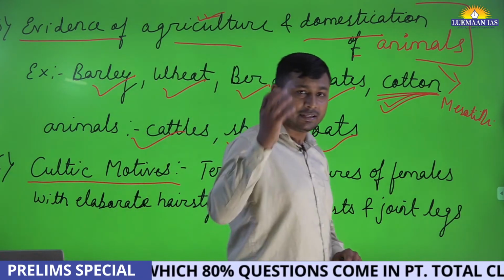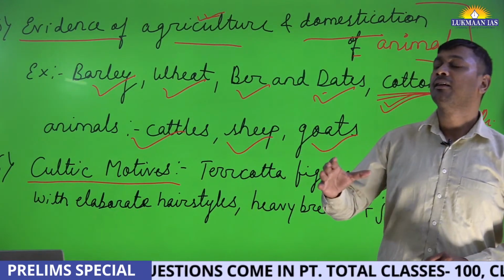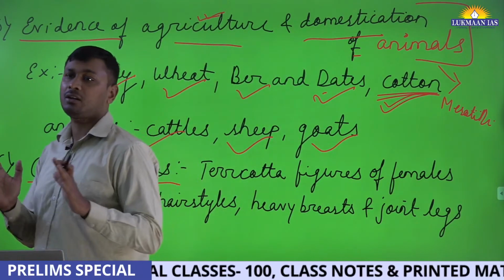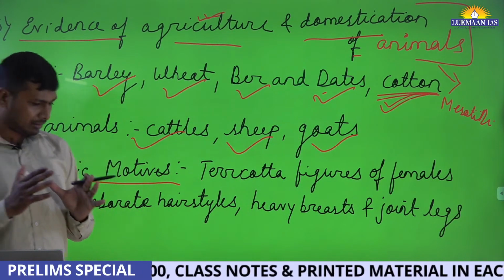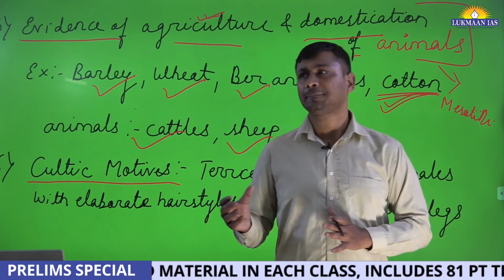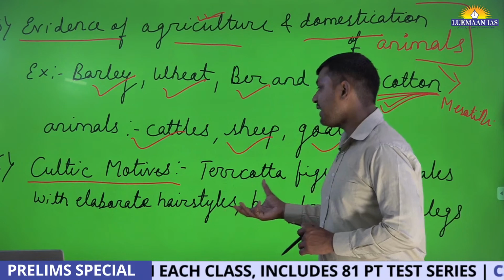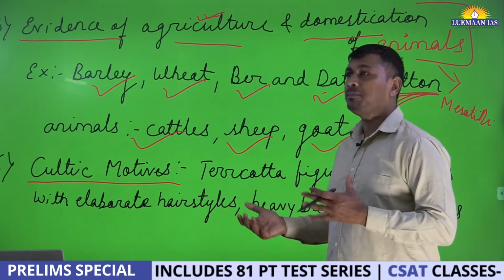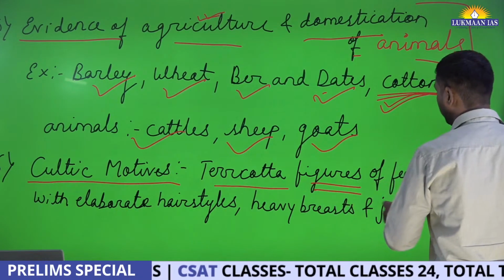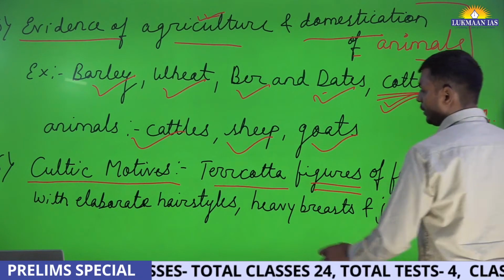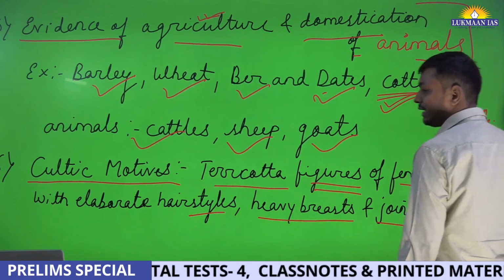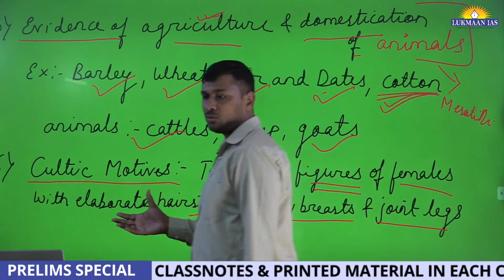We cannot say that these people definitely had cultic practices, but scholars and anthropologists come to a conclusion that they had some kind of religious belief. We have some terracotta figurines of females with elaborate hairstyles, heavy breasts and jointed legs.